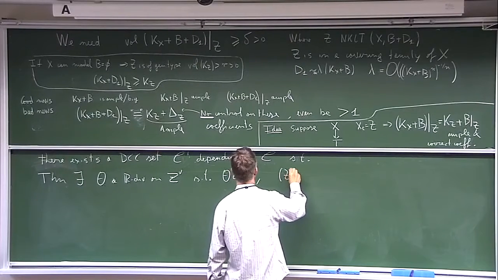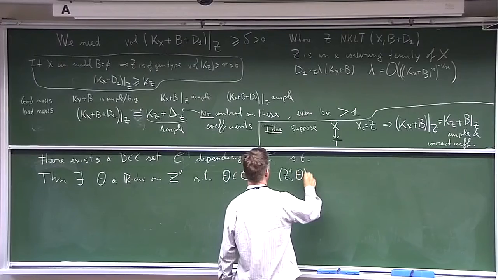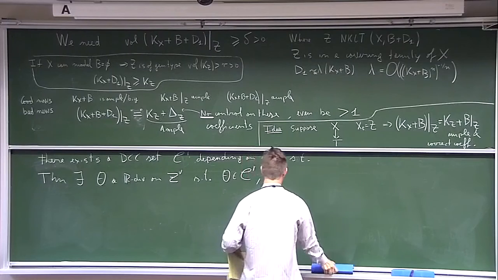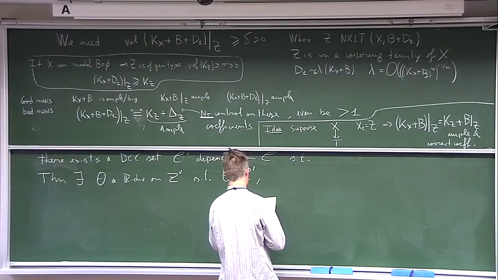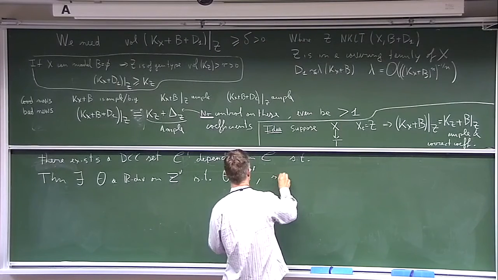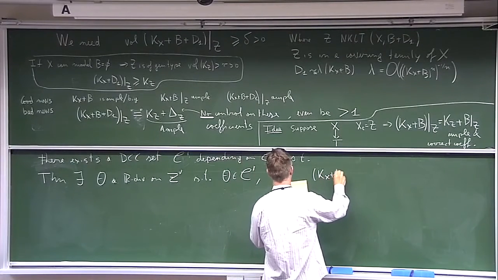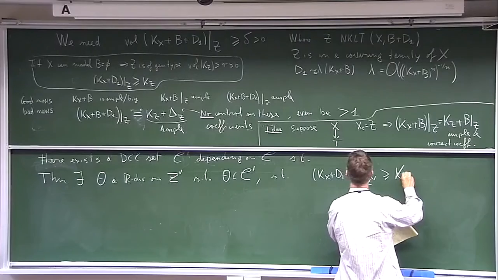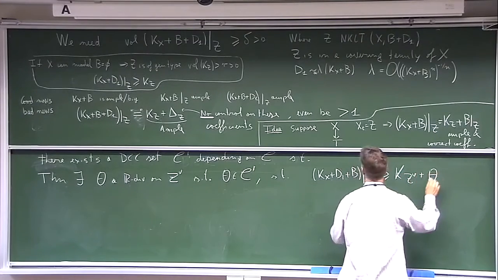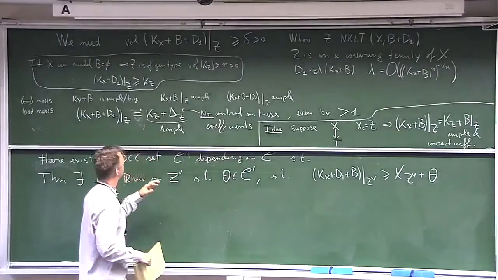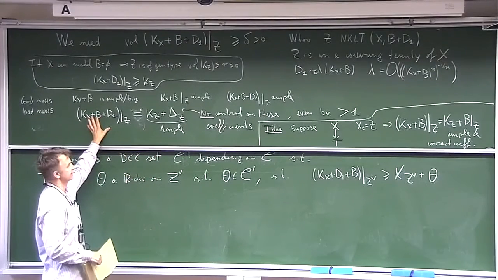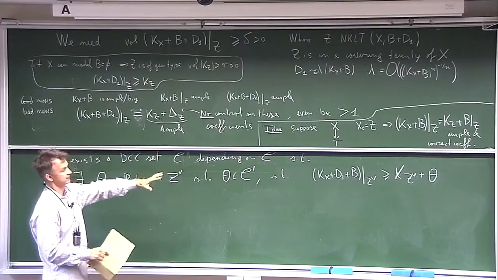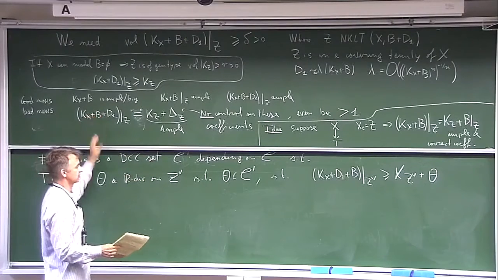The pair (Z^nu, theta) is, I probably don't need to say that actually, okay. So then the next thing is, okay, such that K_X plus D_1 plus B restricted to Z^nu is greater or equal to K_{Z^nu} plus theta. So it's something contained in here. That's good, right? Because I need to show that this volume is big. So anything inside that, with interesting volume, will make this volume interesting.